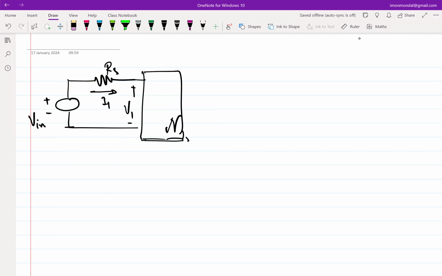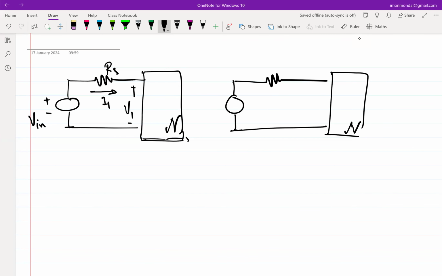Let me redraw. So this voltage is V1. So this current is V in minus V1 over Rs, right?